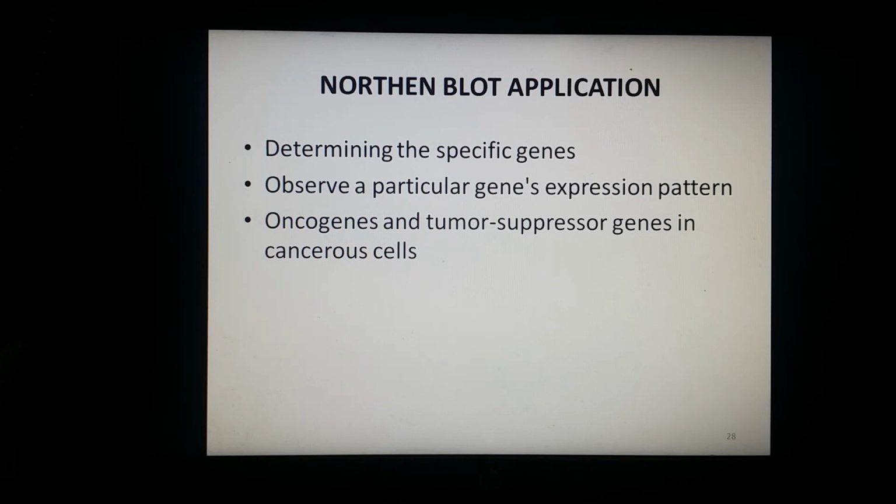And thirdly, the technique has been used to show overexpression of oncogenes and downregulation of tumor suppressor genes in cancerous cells when compared to normal tissue, as well as gene expression in the rejection of transplanted organs. So this is why northern blotting is useful.